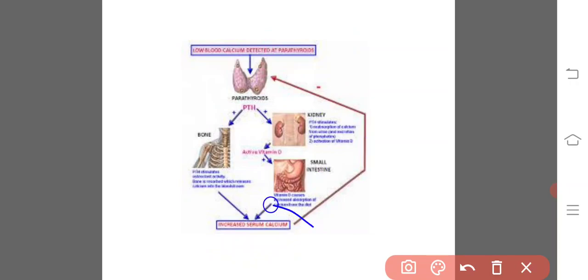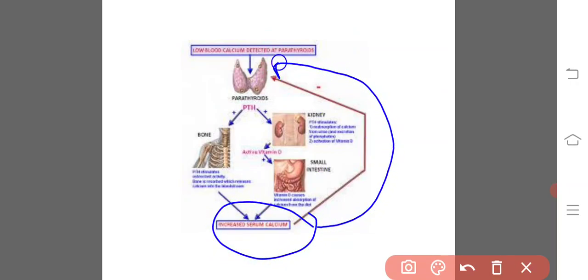If the equilibrium is established, there is a negative feedback of the calcium ions to the parathyroid glands, and thereby the parathormone secretion will be stopped.